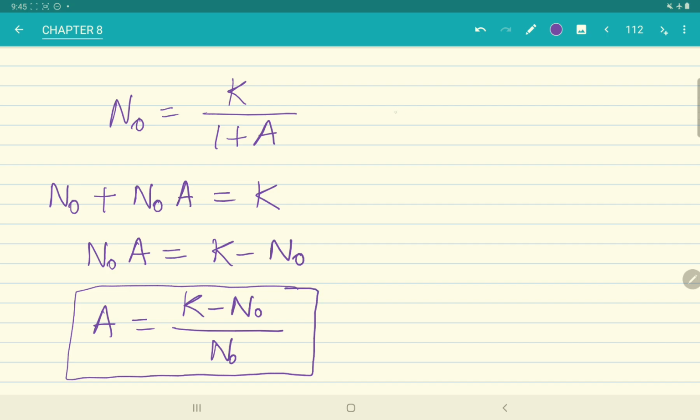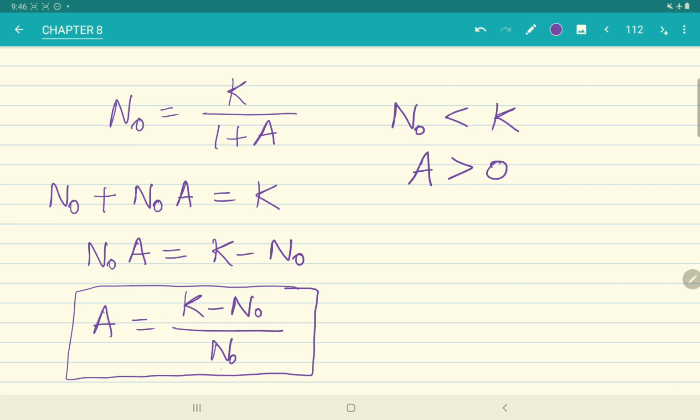So let's say N naught is less than k. When we start out at t equal to 0, the population is certainly much below its carrying capacity, so N naught is less than k. If that is the case, and that makes sense, we can see that this is going to be greater than 0.